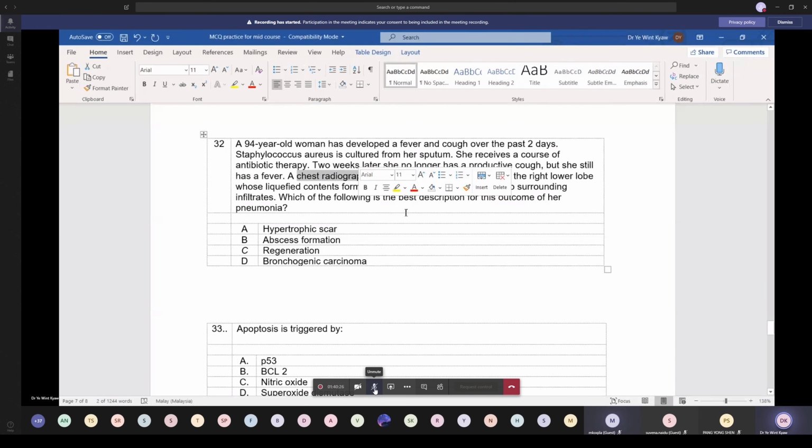Air fluid level, I only see this in cancer and radiology. Other clinical features can apply also. For me, I can rely on radiology alone because I really learned radiology from Medicare, so I can apply it. But for you, you can rely on clinical features.